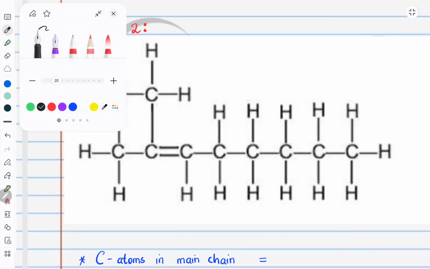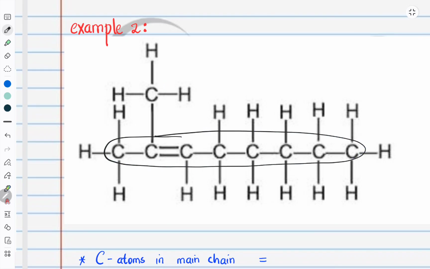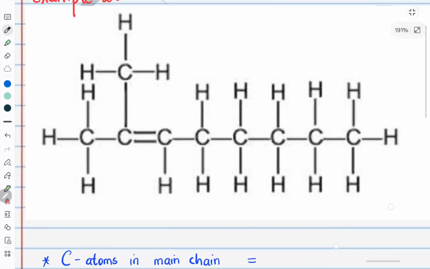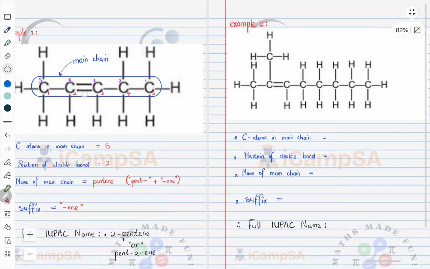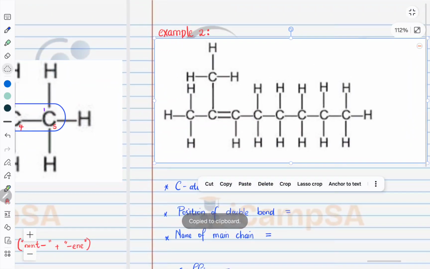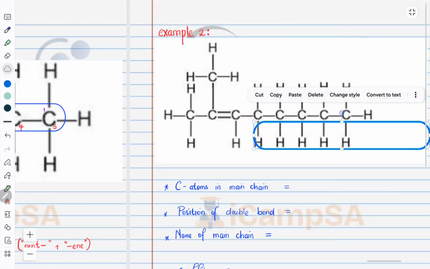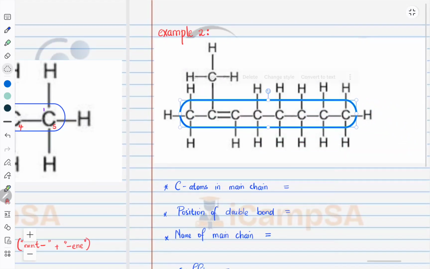You can use the branched one as well, it doesn't matter. So you can either use this chain or you can use the straight one. I always opt for using the straight one. It's just a preference thing. All right, so that's our main chain.